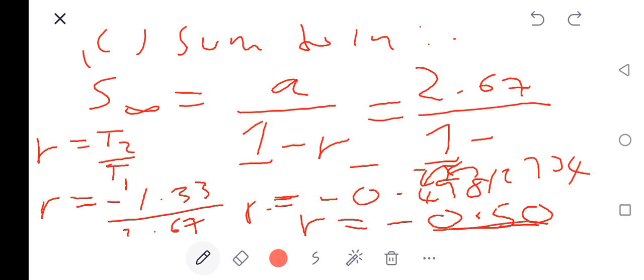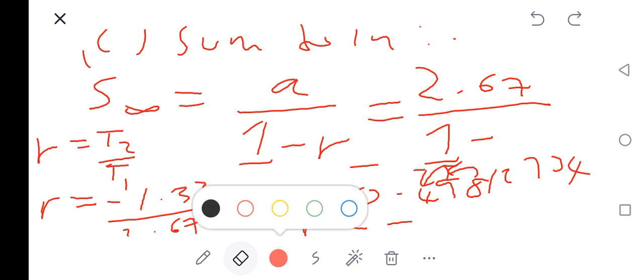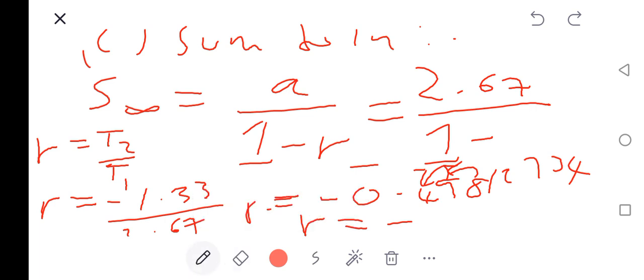So that becomes our answer. Negative 0.50 is our answer. So our answer there is negative 0.50. So it's the one that we are putting here, negative 0.50. So I can erase this.